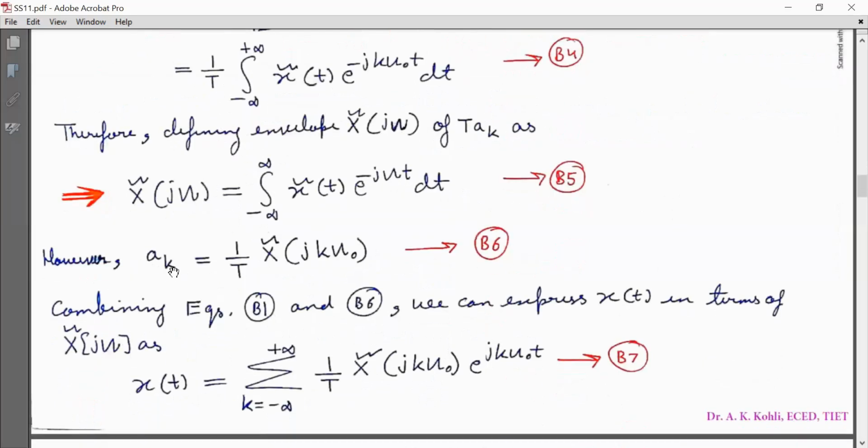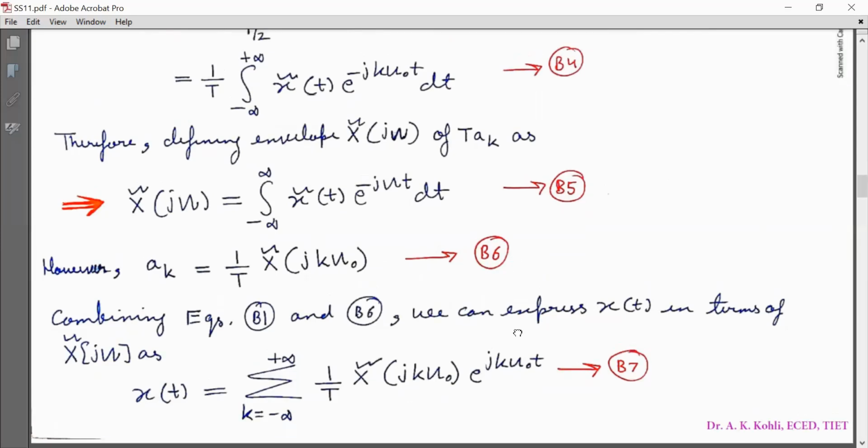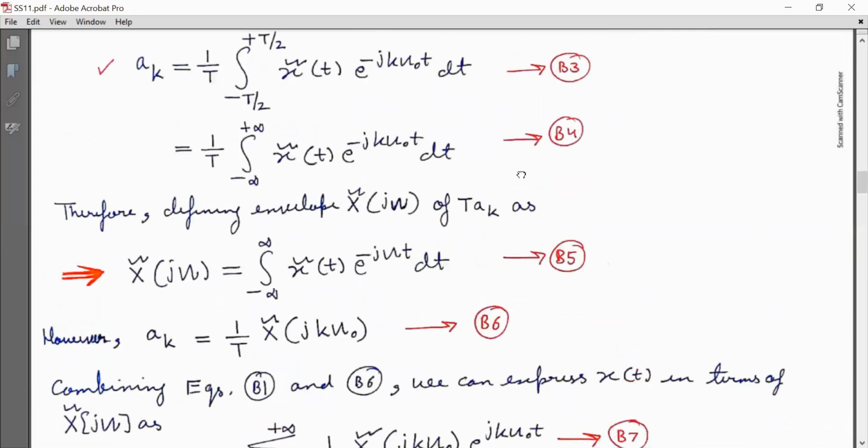However, a_k is equal to 1 by T X(j k Ω0), mark it as equation B6. Now look at B4. So I can use B5 to represent a_k as 1 by T X(j k Ω0).